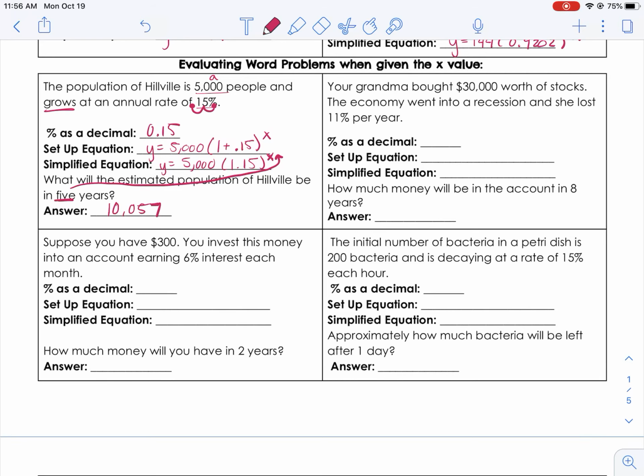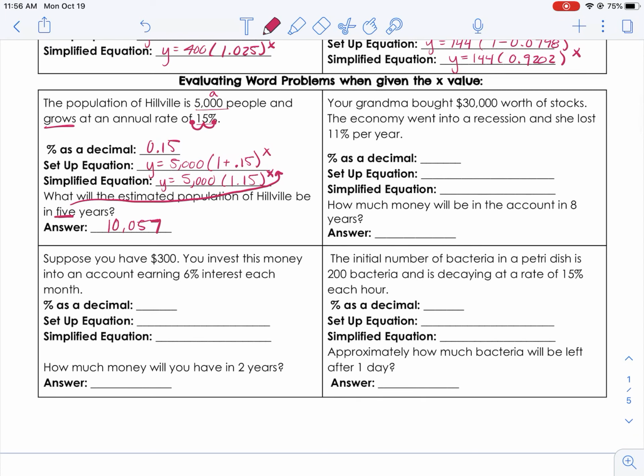This one says your grandma bought $30,000 worth of stocks. The economy went into a recession and she lost 11% per year. So 30,000 is our initial. Our percent in decimal form is going to be 0.11. As an equation, since we are losing money, this is decay, so we've got y equals 30,000 times 1 minus 0.11 to the x.